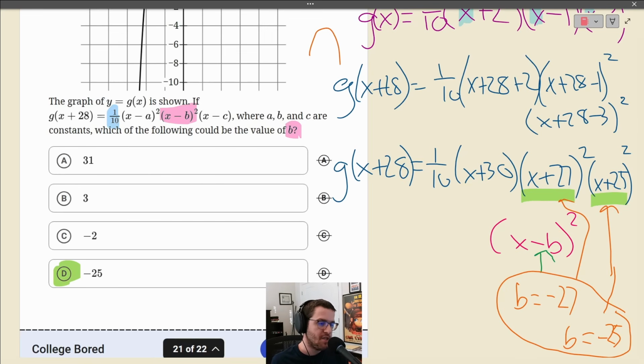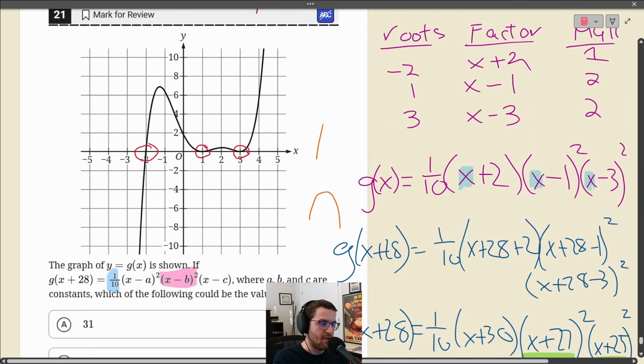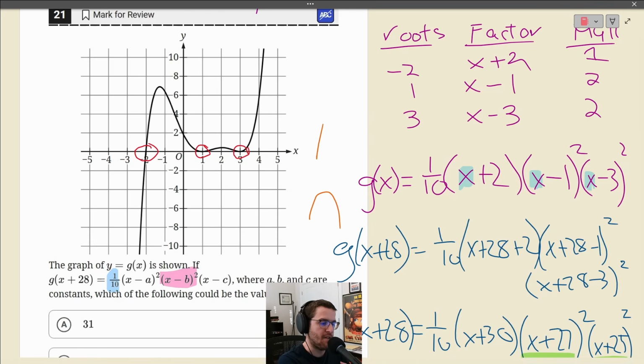Now, there's a much easier way to do this, okay? And that is, you could pay attention to what g of x plus 28 means. If you understand what f of x minus h plus k means, like I go over in my function translations video, please go watch that, guys. We know that this is telling us that we're shifting 28 left. So you could just take the points and shift them 28 left.